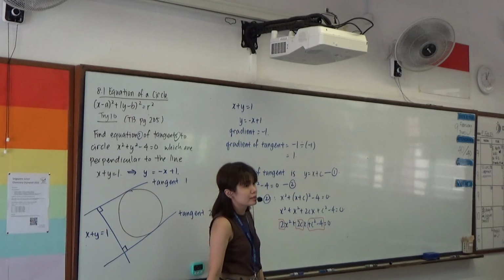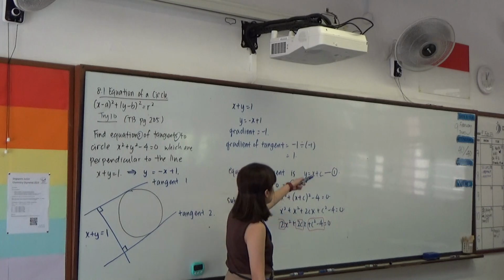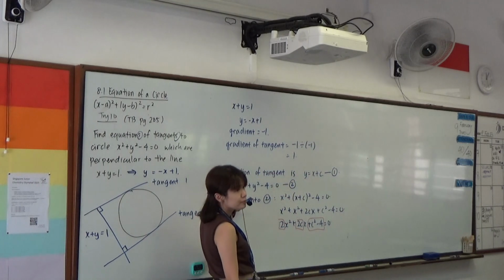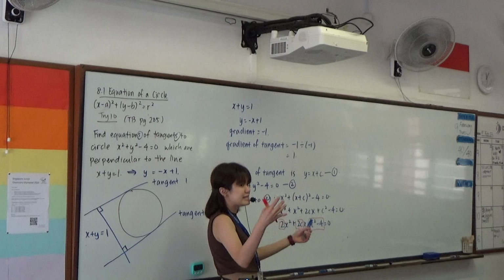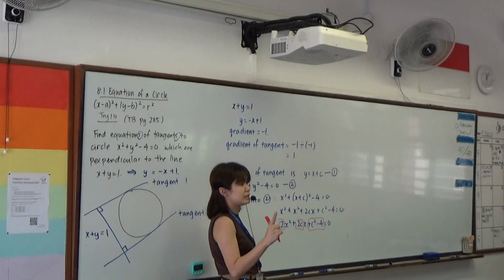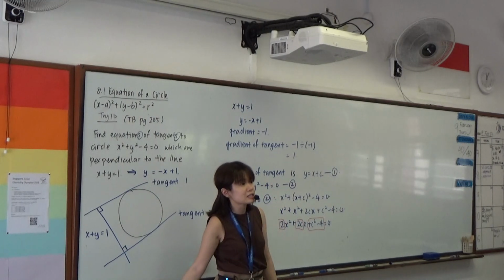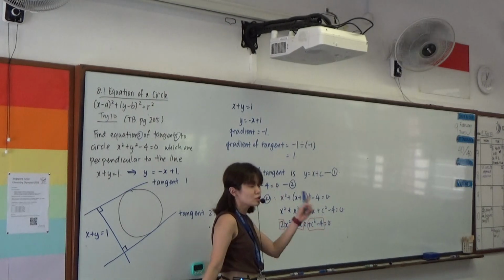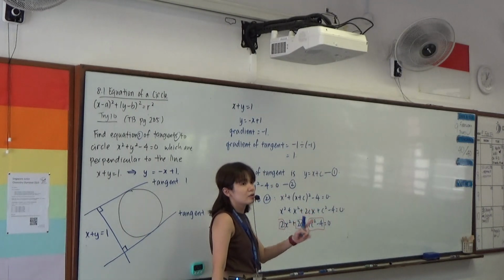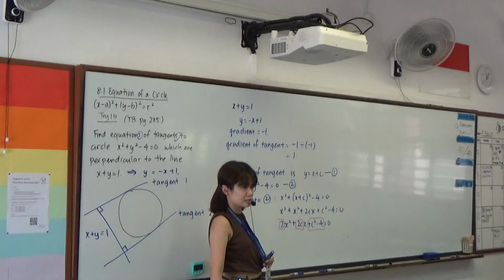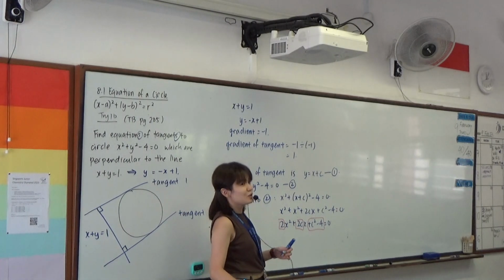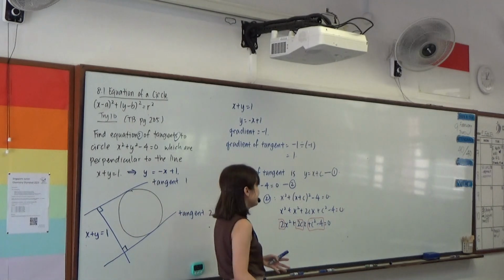We need to recognize that this is after all about a tangent and a circle. A tangent meets a curve at one point only. This brings us way back to the first two chapters that you learned in Sec 3, your discriminant. So I can hear the dread.